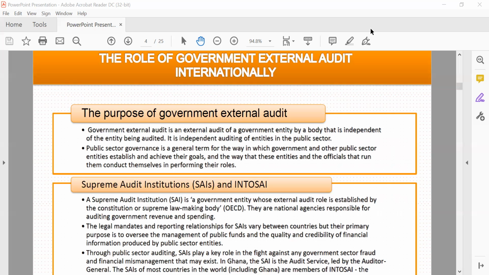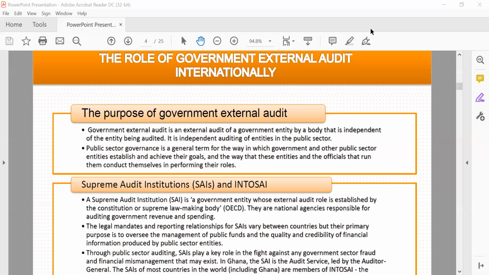Now, when we talk about government external audit, we cannot talk about government external audit without talking about public sector governance, right? So public sector governance is a general term for the way in which government and other public sector entities establish and achieve their goals.